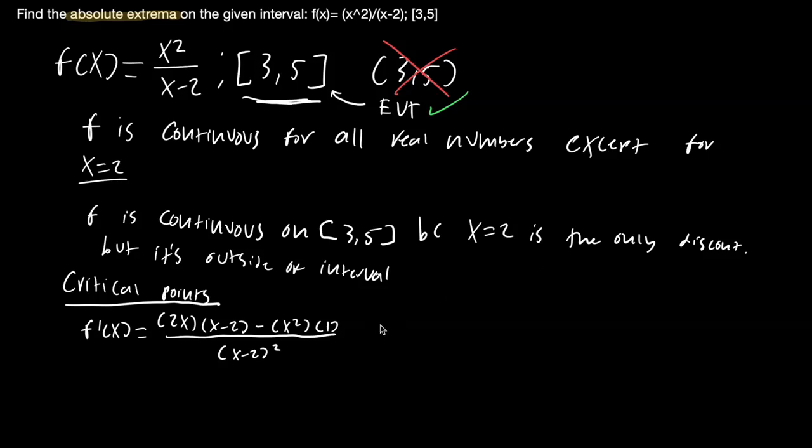And then we have to figure out where this is undefined. According to this equation, the derivative is undefined at x equals 2. So that's one of our critical points.